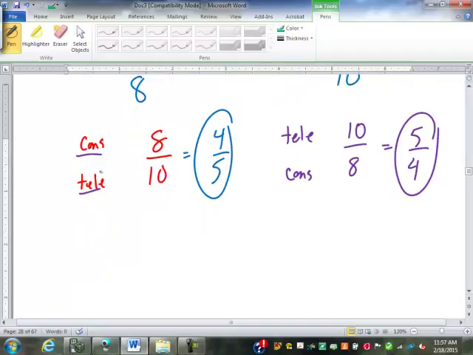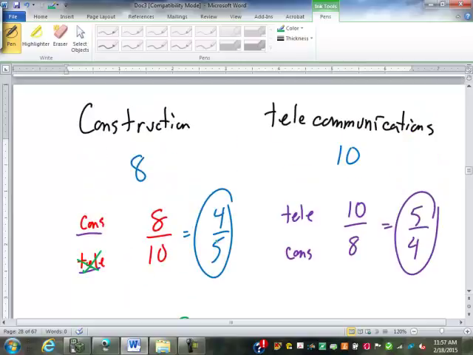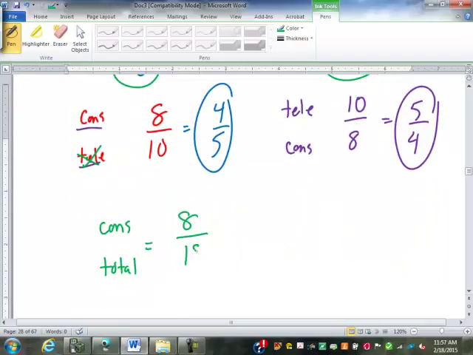Let's say I really don't care about telecommunications, I just want to learn about construction. I might do a ratio of the construction students to total students. Well, there's still 8 construction students. How many total are there? 8 plus 10 gives me 18.